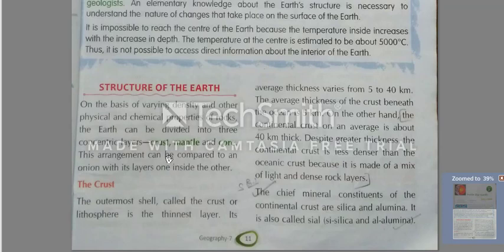The Earth can be divided physically and chemically into three layers: crust, mantle, core. Clear? The first is crust, and the thickness of crust is 5 to 40 kilometers. It is made up of silica and aluminium, Si for silica and Al for aluminium.